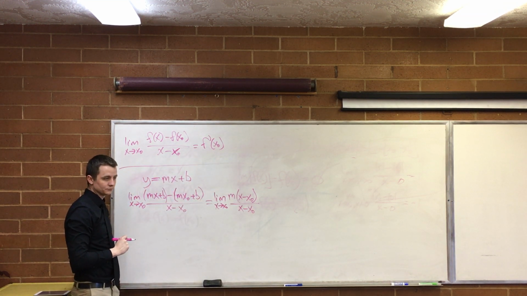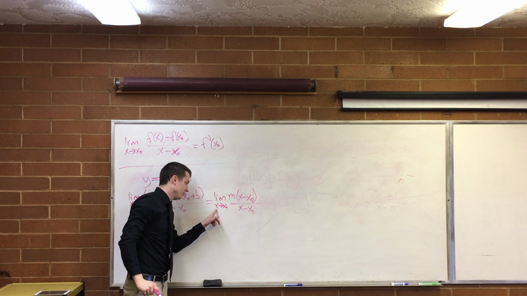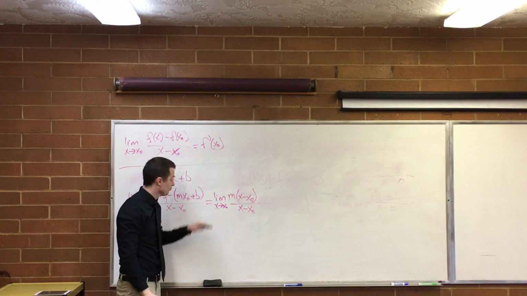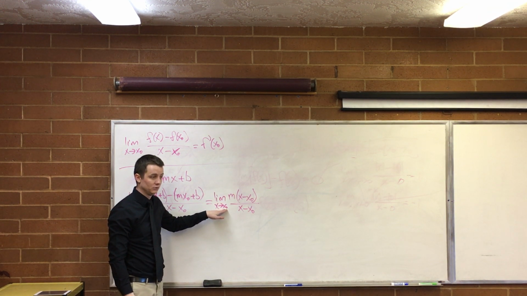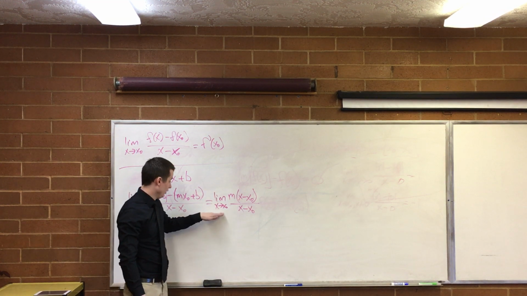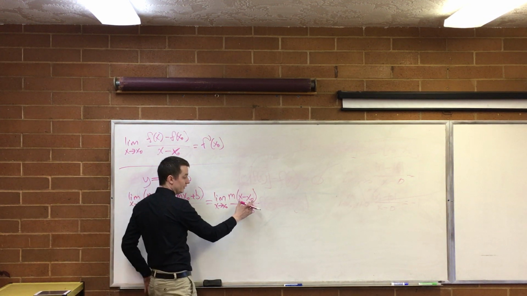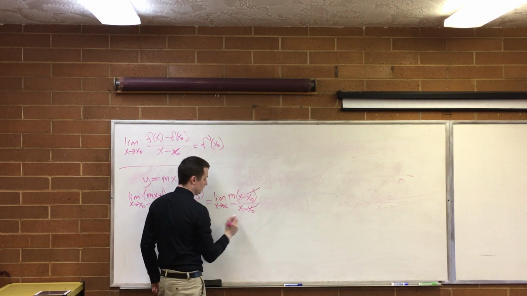Good? Now, remember, when we're taking the limit as x approaches x naught, x is never actually equal to x naught. It just gets really close to it. You good with that? That's how we define this symbol? So this is not a 0, and this is not a 0, so we can cancel out top and bottom.